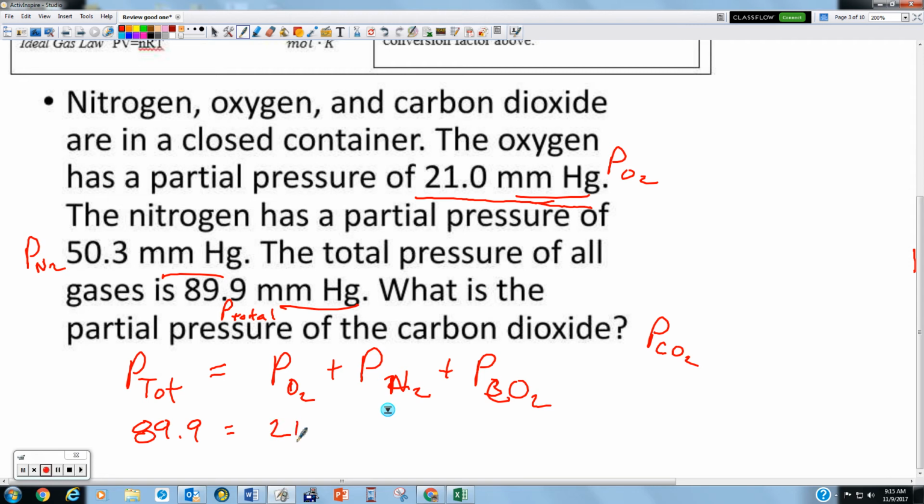So 89.9 equals 21.0 plus 50.3 plus PCO2. All right, so basically 89.9 minus 21 minus 50.3.